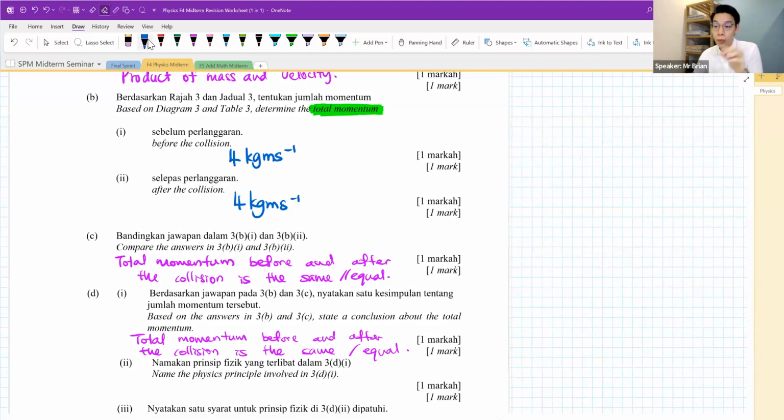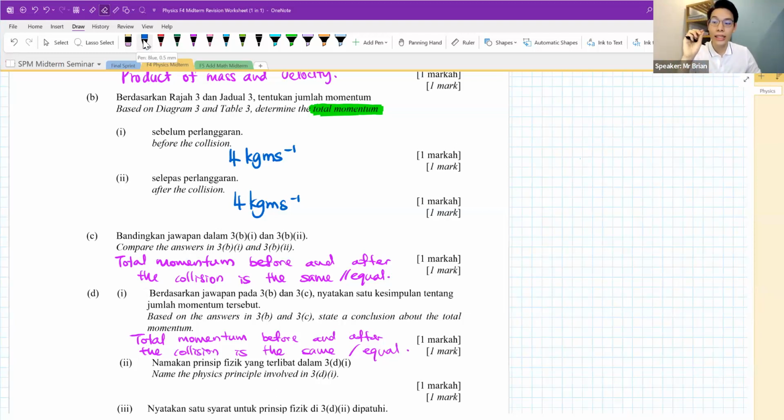Okay, so at this point, I think some students will have in mind that, oh, this is talking about principle of conservation of momentum. If you have that in mind, very good. But if you are someone who after doing all of this is still a bit lost, like, hey, where is this about? You don't have to worry. You still have time.